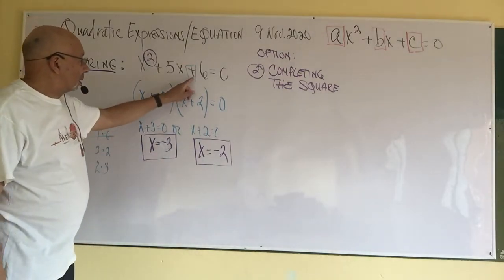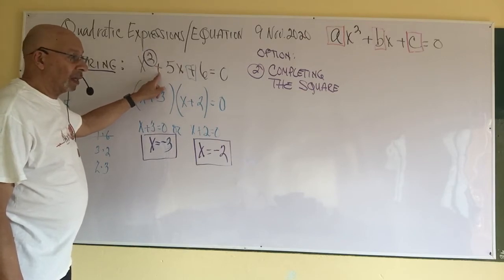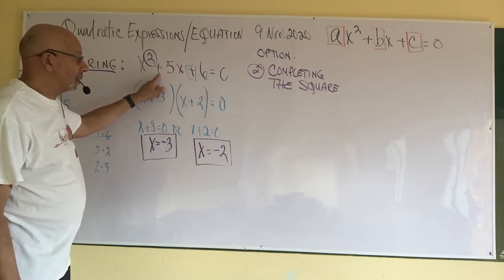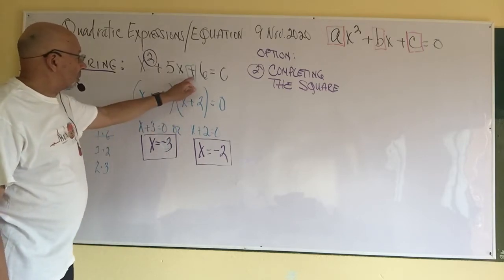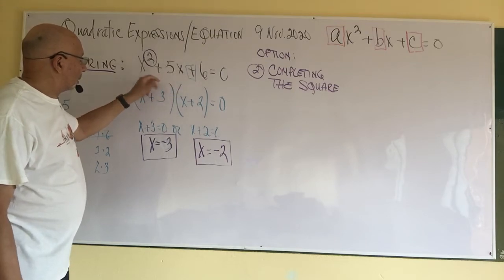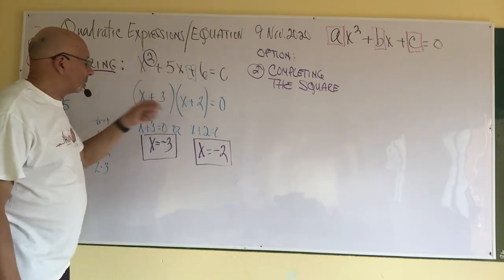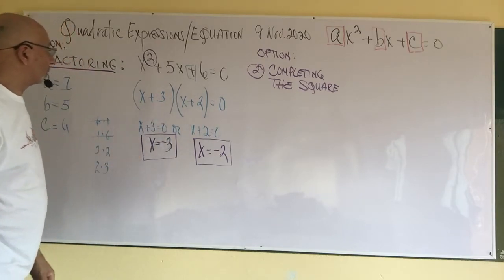Once I know they're the same, I go to the preceding sign, and it tells me that in this case they're both positive. If this was positive and this was negative, I would know that the two signs are negative. So that's how I would do it.